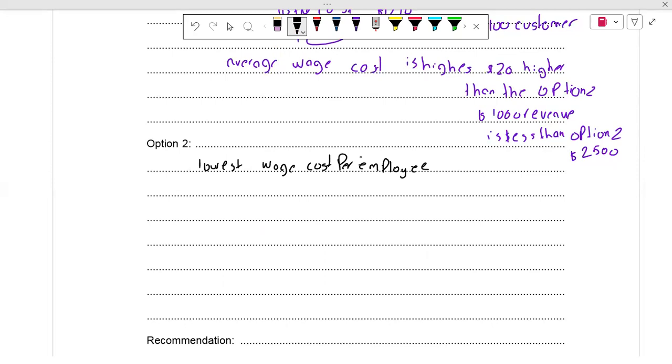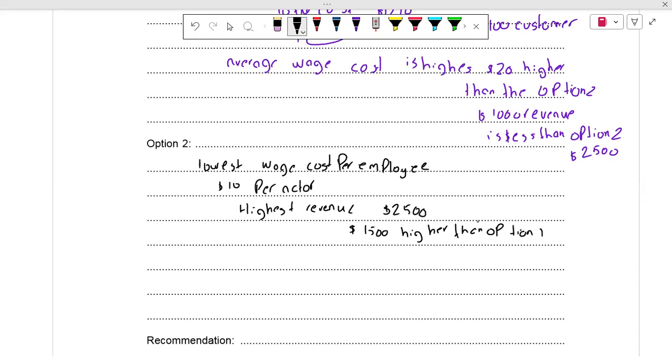So that's the reason, $10 per actor. So it means that they can make the highest profit per performance, and it is also the highest revenue. It is $2,500, which is $1,500 higher than option 1.